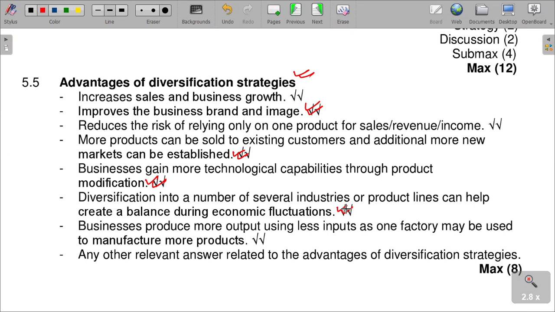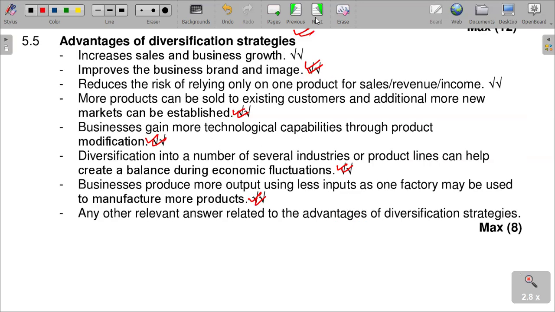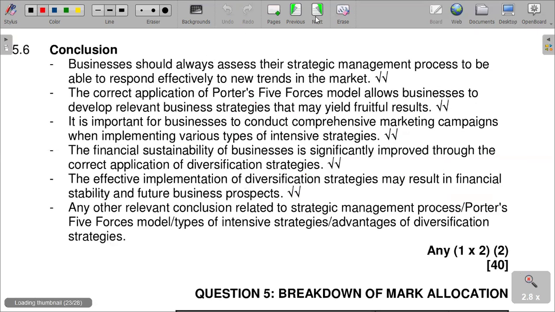So diversifying into several industries or product lines creates a balance when economic performances are not stable. Businesses also produce more output using fewer inputs, as one factory may be used to manufacture more products. These can also be advantages of diversification.